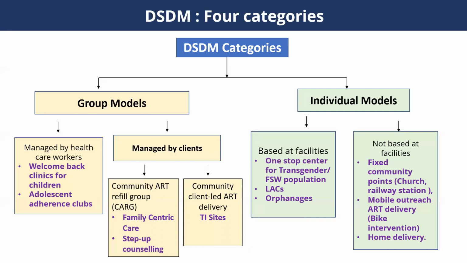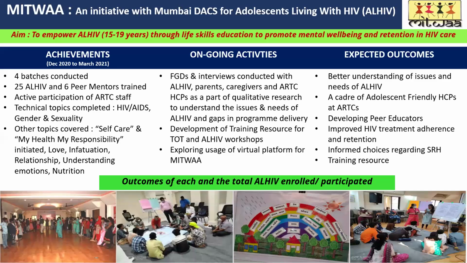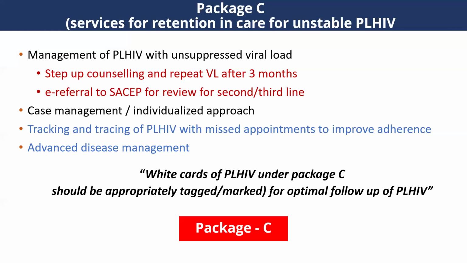So the suppression rates among children are pretty much higher in places where they see the family as a unit. And some states also look at adolescents whenever they come to an ART center. They identify peer groups or peer leaders who give them some sort of messaging, and there are also some counselors who are exclusively trained on how best to take care of these adolescents. So states can start trying this out.